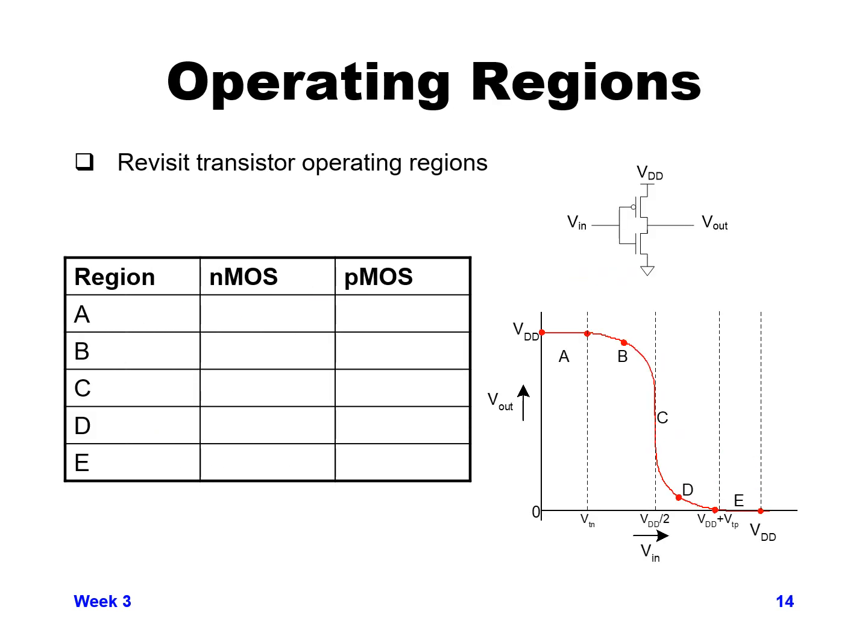So in effect, we have a couple different operating regions here for our NMOS and PMOS. And so let's revisit those and look at what's going on in each of these different regions that we're operating in. So first, in region A, where our input voltage is less than the threshold voltage of the NMOS transistor, the NMOS is cut off, and the PMOS is in the linear region.